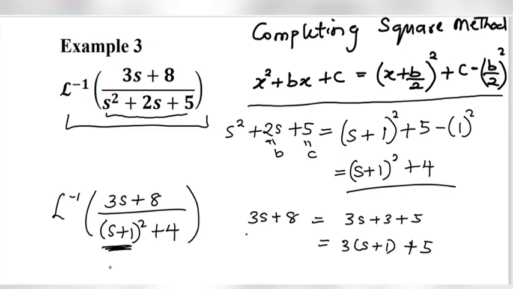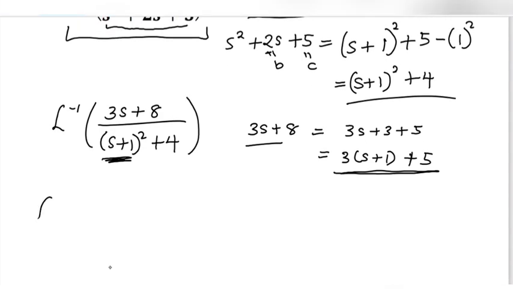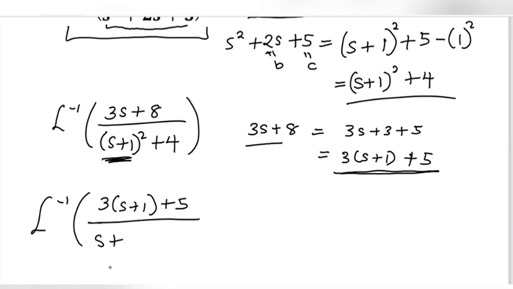Now we have it in this form. So we write our Laplace inverse of 3 into s plus 1 plus 5 all over s plus 1 all squared plus 4.